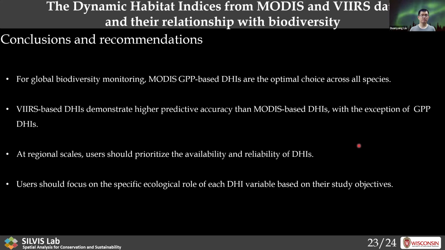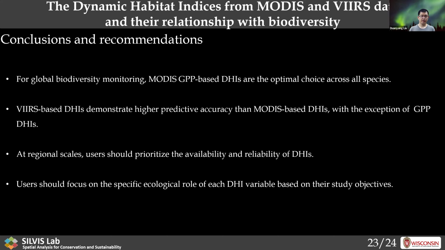For global biodiversity monitoring, the MODIS GPP DHI is the optimal choice across all species. Apart from GPP, VIIRS also shows higher prediction accuracy compared to the MODIS-based DHI. Given that MODIS will pass its design life, we recommend increasing reliance on VIIRS DHI for biodiversity monitoring.